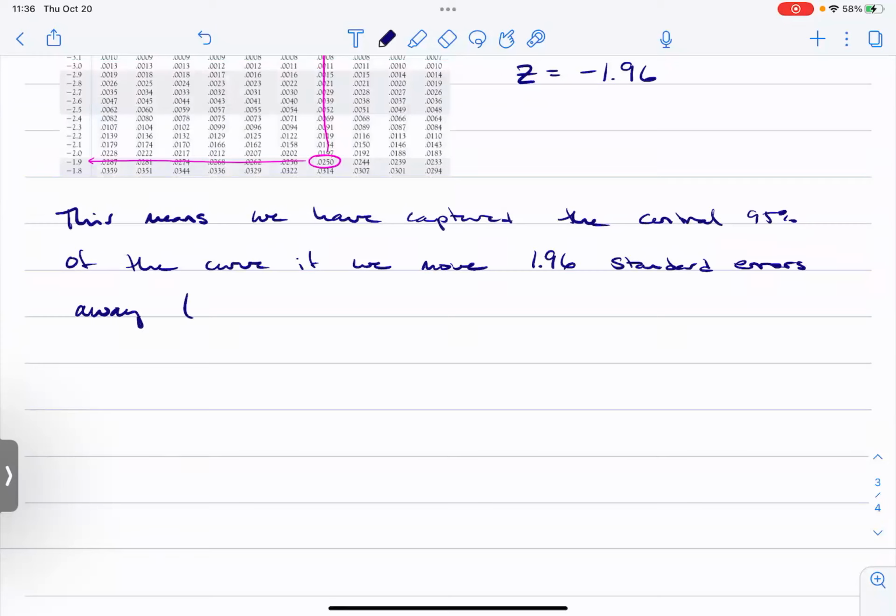So just away from the point estimate, p hat.